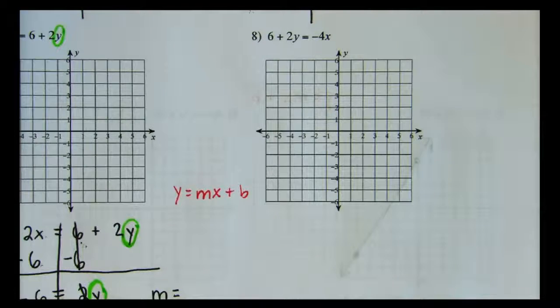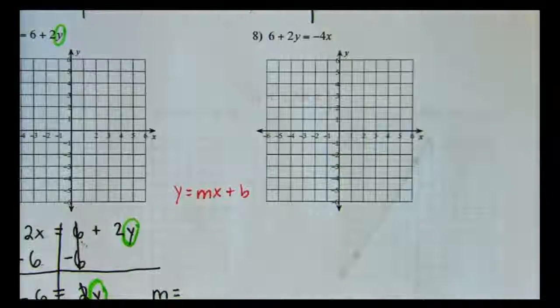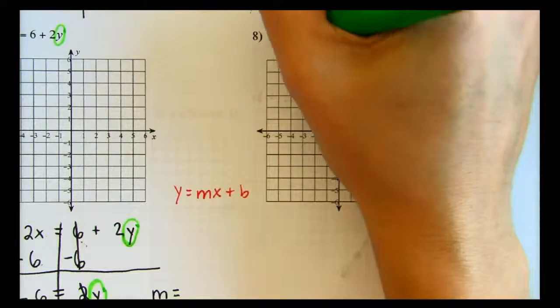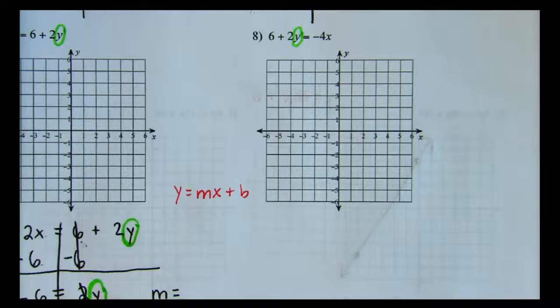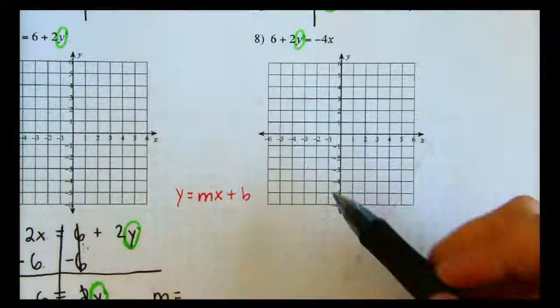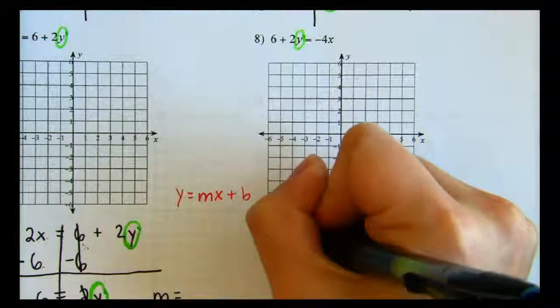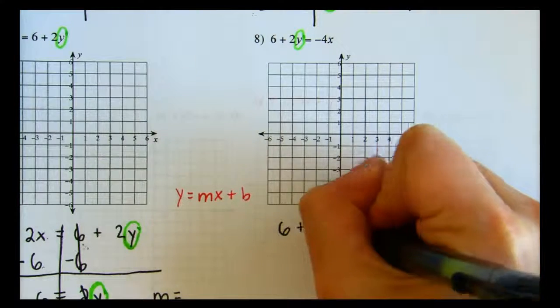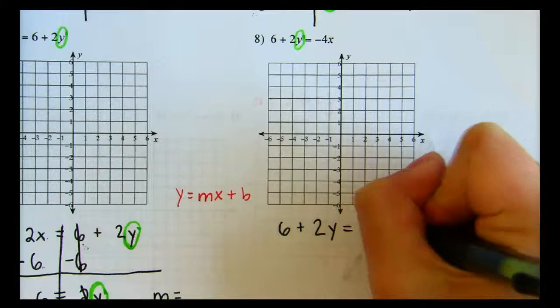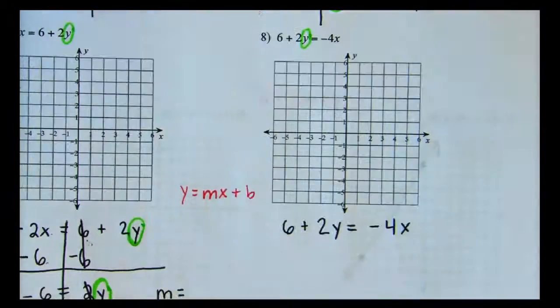Okay, last one over here we're going to go over. I've got 6 plus 2y is equal to negative 4x. Since the y is not by itself, I'm going to copy that equation down below. 6 plus 2y equals negative 4x.